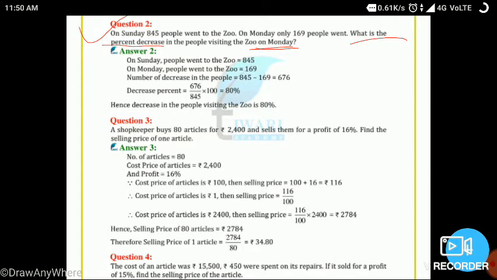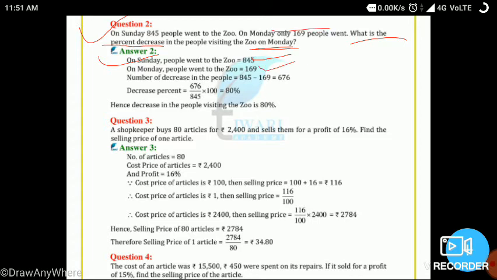Okay, so here you have to find the percentage decrease in the people visiting the zoo on Monday, right? So first of all, we write all the information which we got from the question. So see, on Sunday the people who went to the zoo is 845. On Monday the people who went to the zoo is 169.